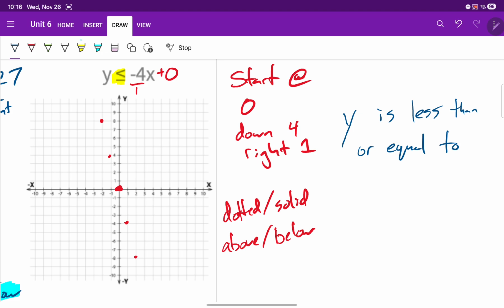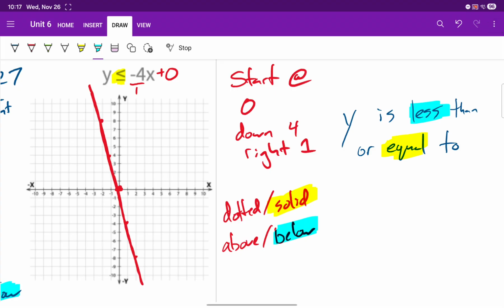So less than or equal to, look at that. Since it's equal to, it is going to be a solid line. So I'm going to connect these dots and create a nice solid line. It is less than, so I'm going to shade below the line.